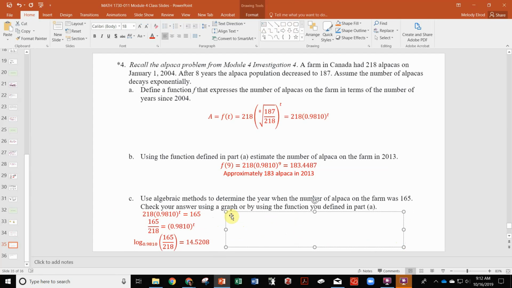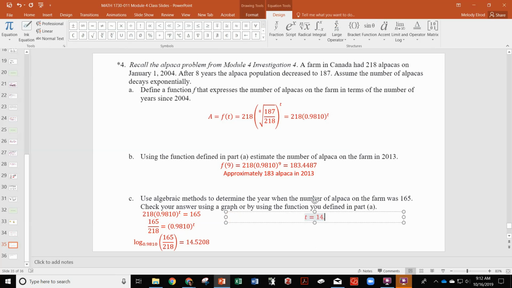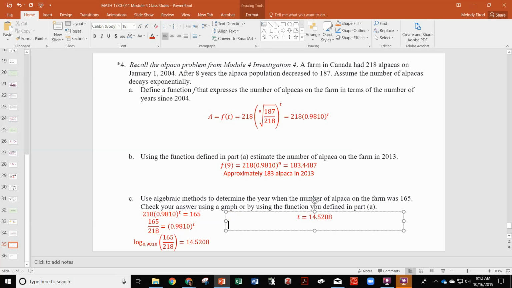Anyway, so t equals 14.5208, so between 14 and 15 years after 2004, this would be interpreted as either during 2018 or in 2019 as like the beginning of the year. Okay, so that takes care of problem number 4.